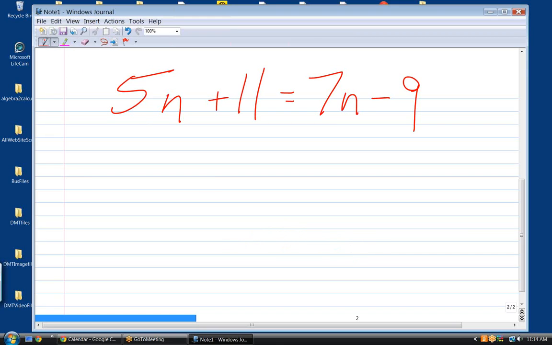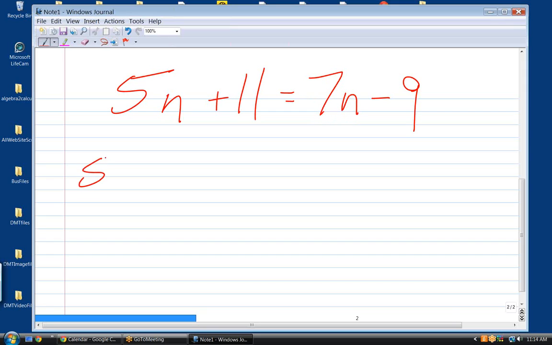Which makes most sense here? If we gather them on the left side, how many n's do we have? We have 5, plus we've got to move this plus 7n to the other side of the equation.